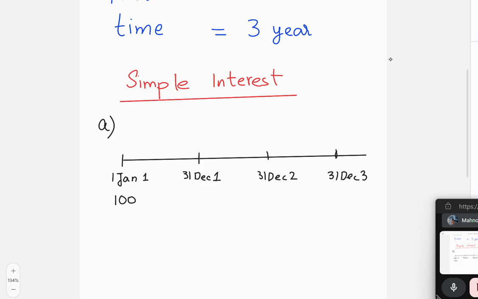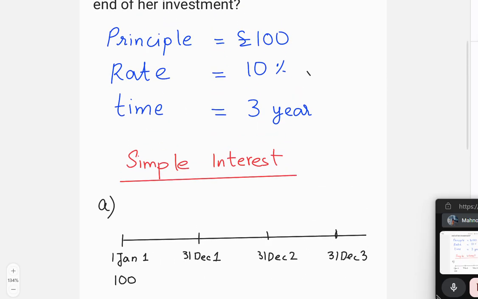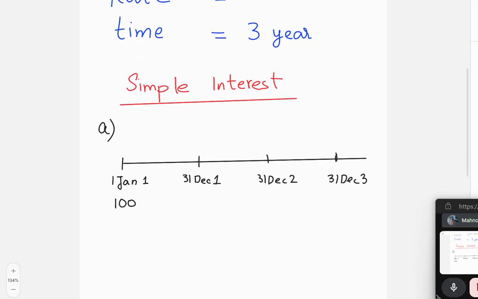Now, how much is the rate of interest? The rate of interest is 10%. This rate shows you how much your interest will be. If you want to work out the interest, you first have to multiply the principal with the rate.